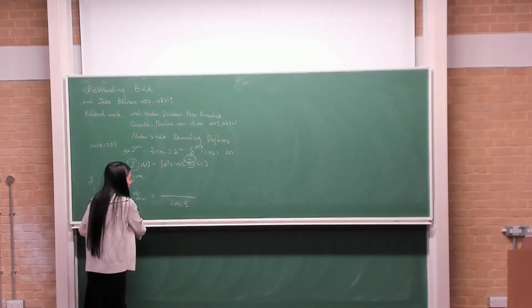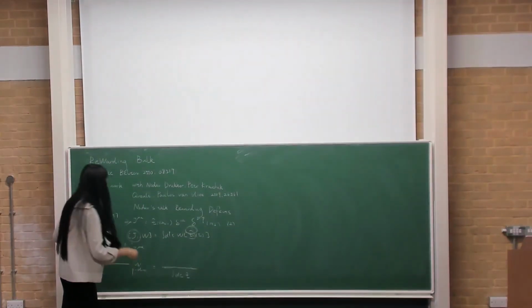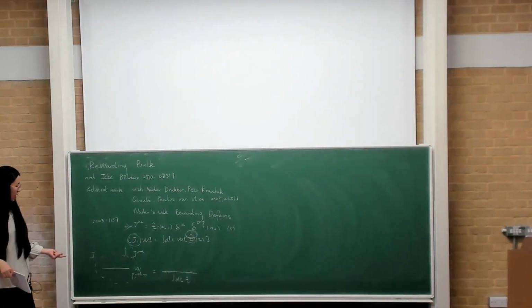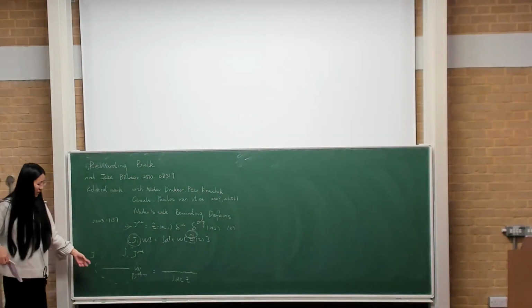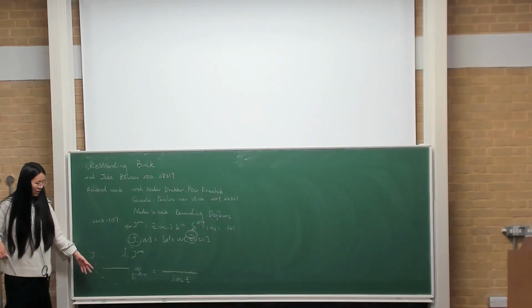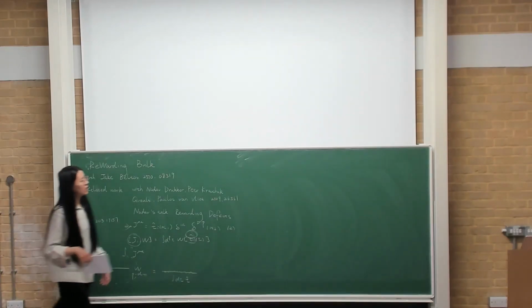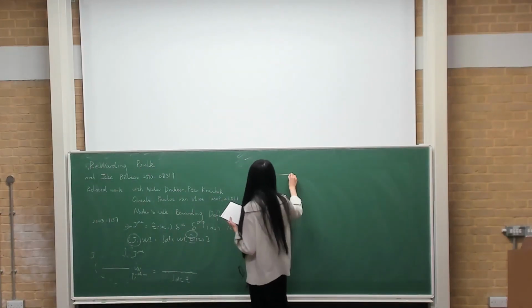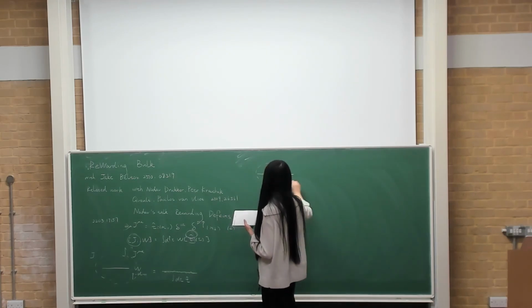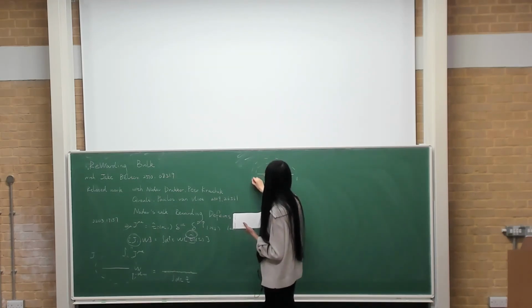So the question arises: what if I act with some current J twice on this defect? Still, I would like to show it in a picture.